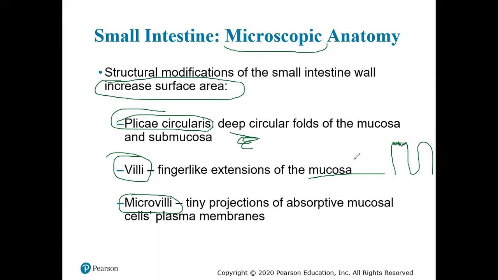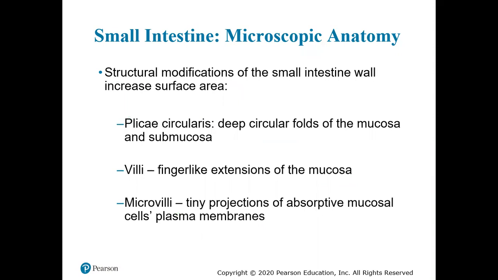So villi is the arrangement of the mucosal layer. Microvilli are due to an underlying actin web of the plasma membranes that provide tension on them to increase the surface area.